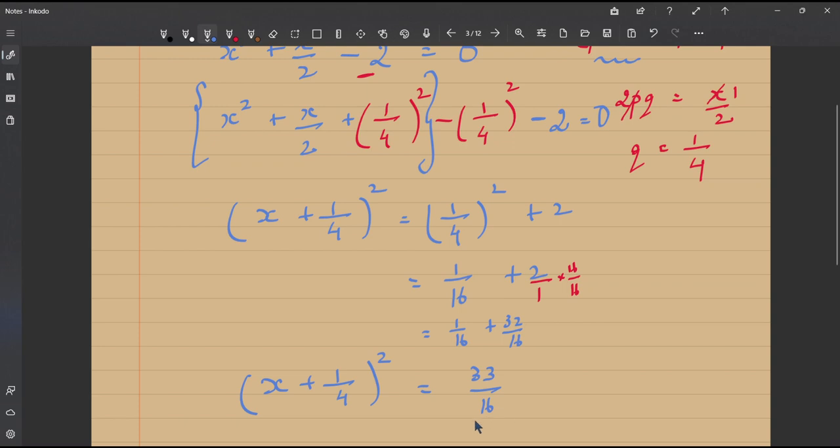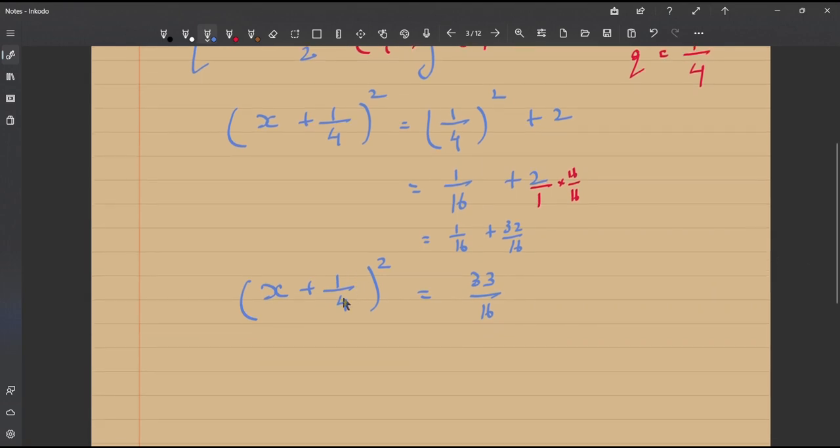Now, the aim of all this was to find x, isn't it? The aim of all this was to isolate the x so as to find the roots of the equation. So, how do we isolate x? Just take square roots on both sides so that the square part is taken care of. So, what is the root of x plus 1 by 4 the whole square?